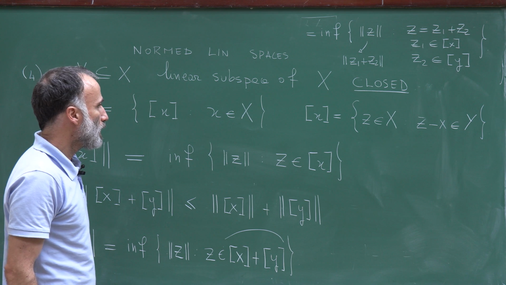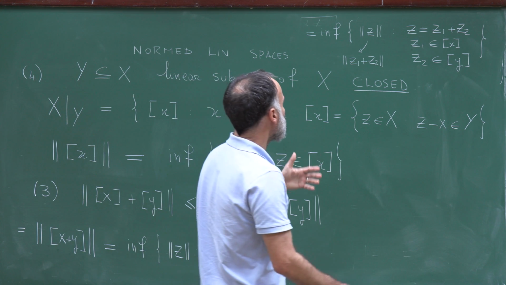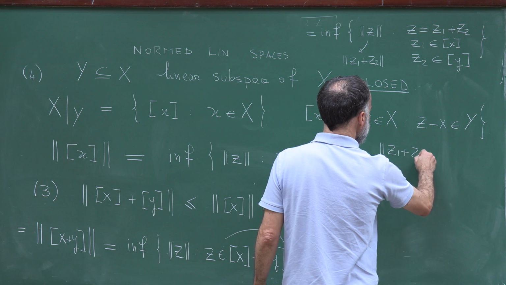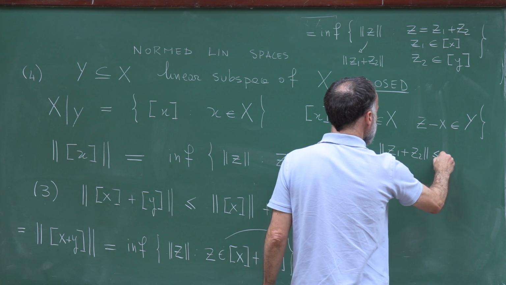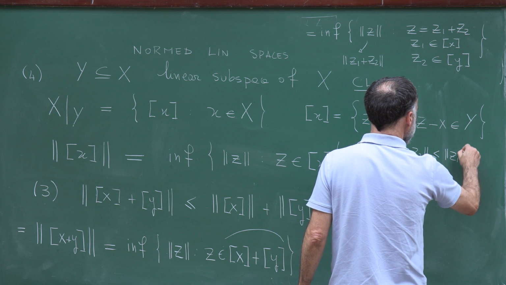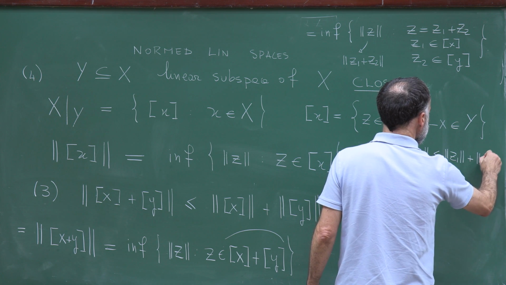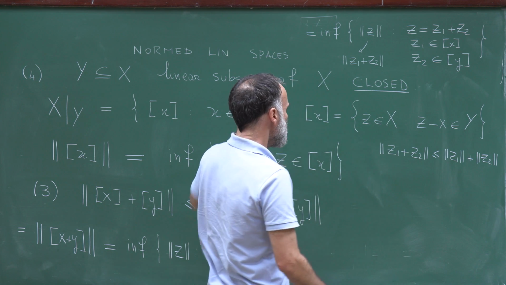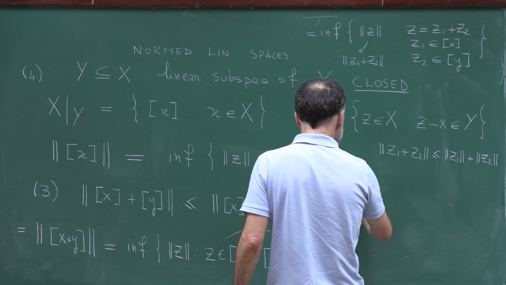And now, by the third property of norms, I know that the norm of z1 plus z2 is less or equal than the norm of z1 plus the norm of z2. So this infimum is bounded.